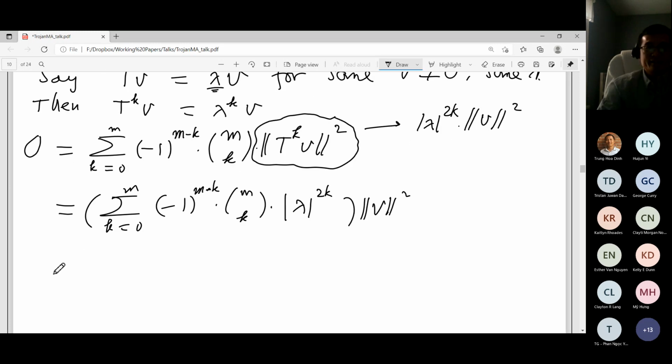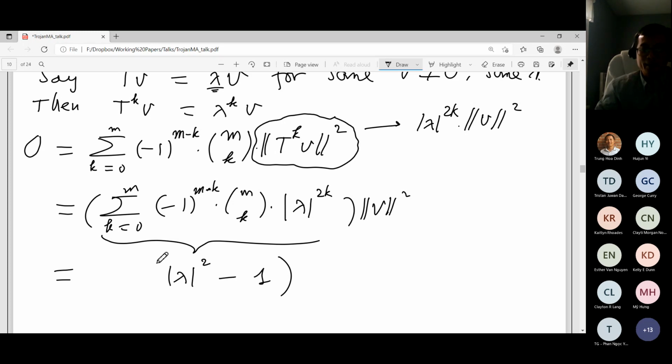But then we realize this is just exactly the expansion of lambda squared minus 1 to the power m.